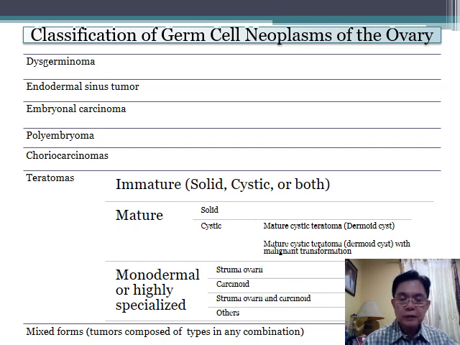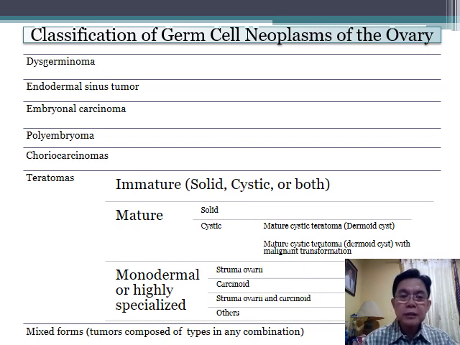Most germ cell tumors of the ovaries belong to the teratomas. And the most common, if you still remember your lecture on benign ovarian tumors, most teratomas belong to the mature cystic teratomas. So mature cystic is benign, okay? It is the immature component that is malignant, okay?